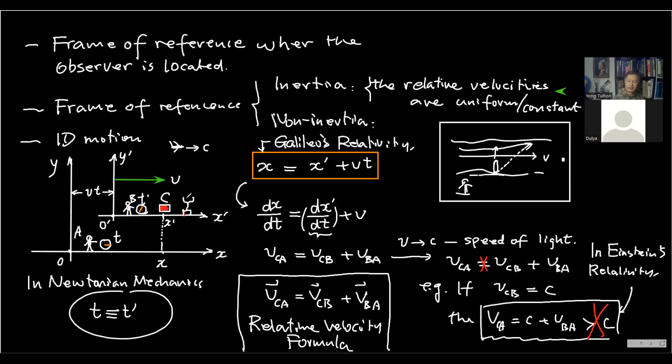Can you see? This is just a hypothetical flower. And on the other hand, the flower in this one would appear to grow faster. Can you see? Do you believe or not? Not really. You can hardly believe, right? So that phenomenon is called time dilation.